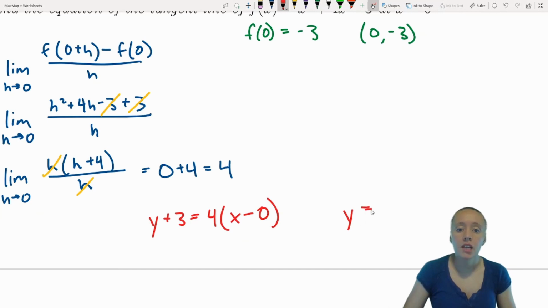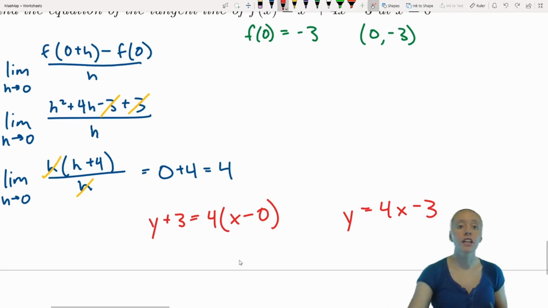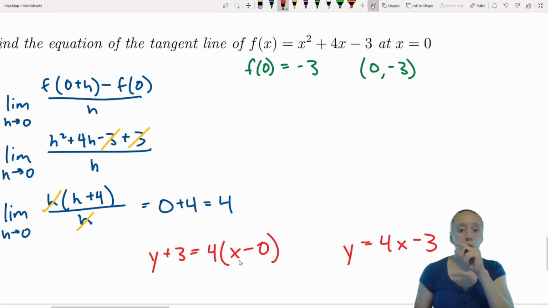So that will be y equals 4x minus 3. Distributing that 4 to x minus 0, which is 4x, and then subtracting this 3 on over. Looking at our function, at that point 0, negative 3 on our function, that tangent line is 4x minus 3.